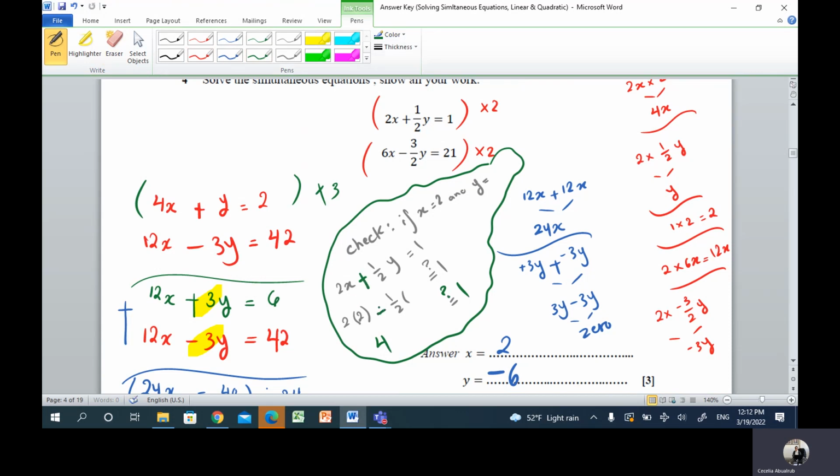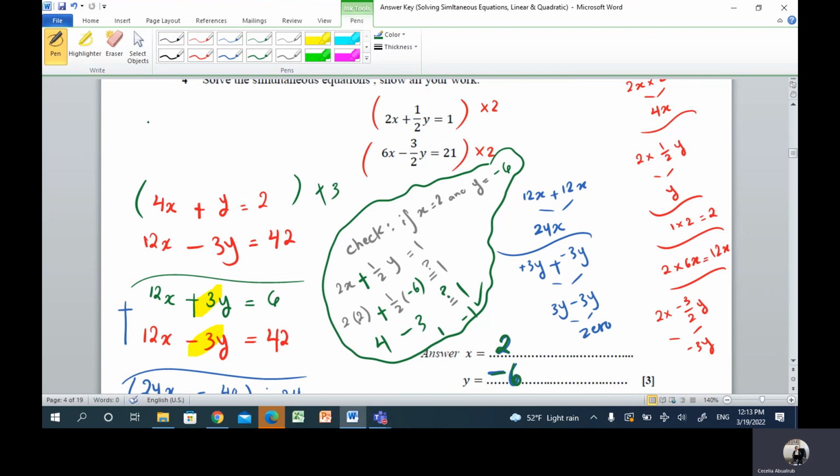So 2 times 2, and y is equal to -6 here. So it will be a half times -6. Is it equal to 1? It will be 4, because half times -6 will be -3. So 1 is equal to 1, which means that x is equal to 2 and y is equal to -6.